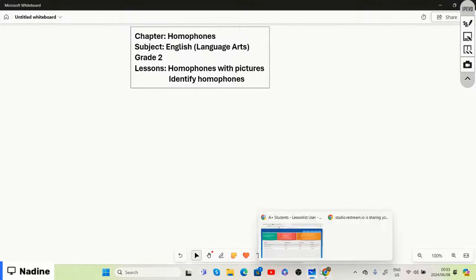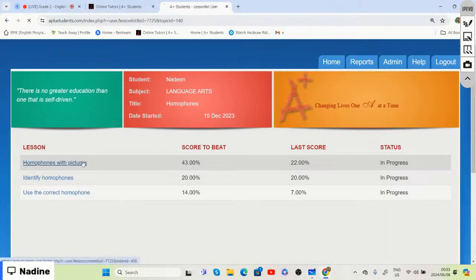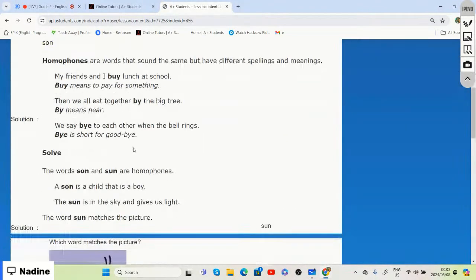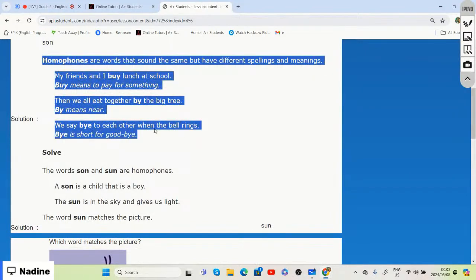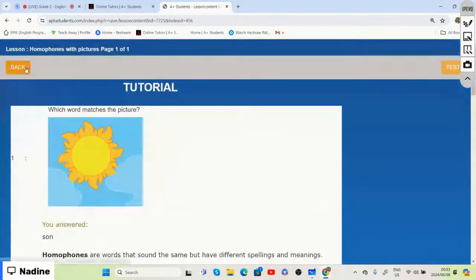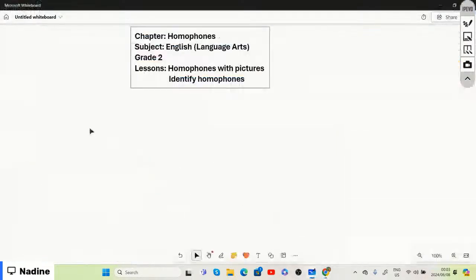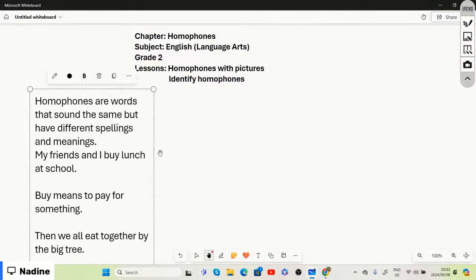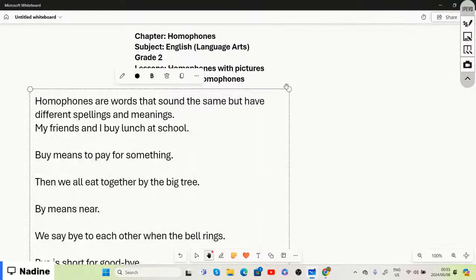Then we're going to select the subject of English Language Arts, Grade 2. And then we're going to scroll down until we get to the chapter of homophones.